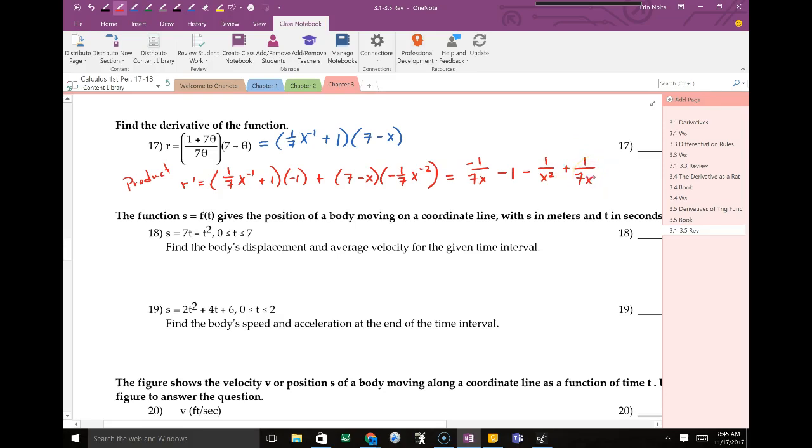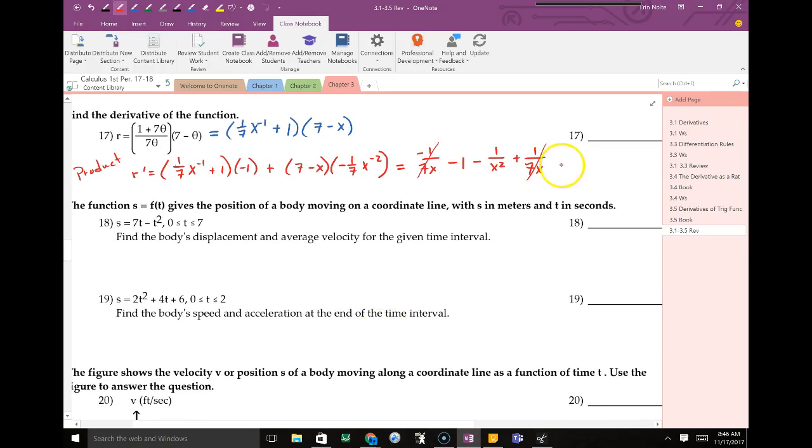Okay, my x to negative 1 I'm putting downstairs. Okay, so now do you see any terms that I can combine? Yeah, these two, right? The 1 over 7x's will cancel. We've got one positive and one negative. So we can write this as 1 minus 1 over x squared.